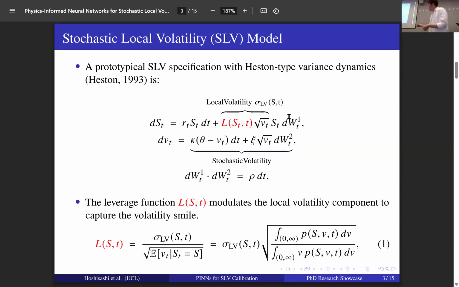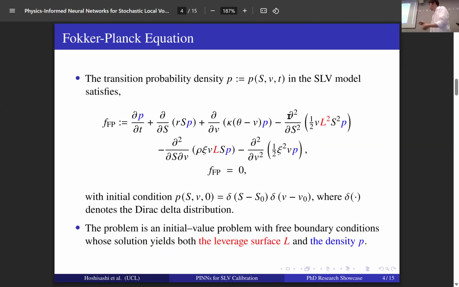So here, eventually we need a transition probability density to represent the whole thing. That transition probability density P can be represented in the PDE formulation using the Fokker-Planck equation. So by the Fokker-Planck equation, the SLV model can be represented here.